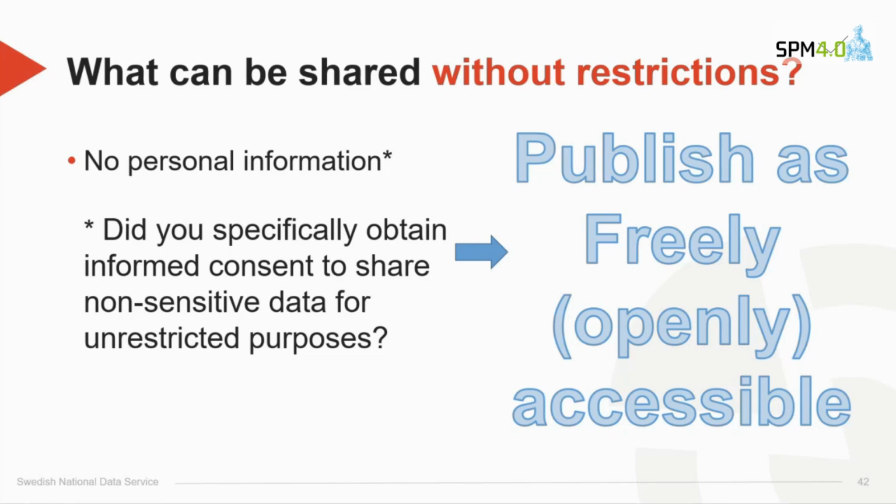Because you don't know who's going to do what with that data set, right? If it's freely available, anyone can take it. They can do anything with it. And so people have to consent to that, basically, if you're going to make it freely available. This is unusual.